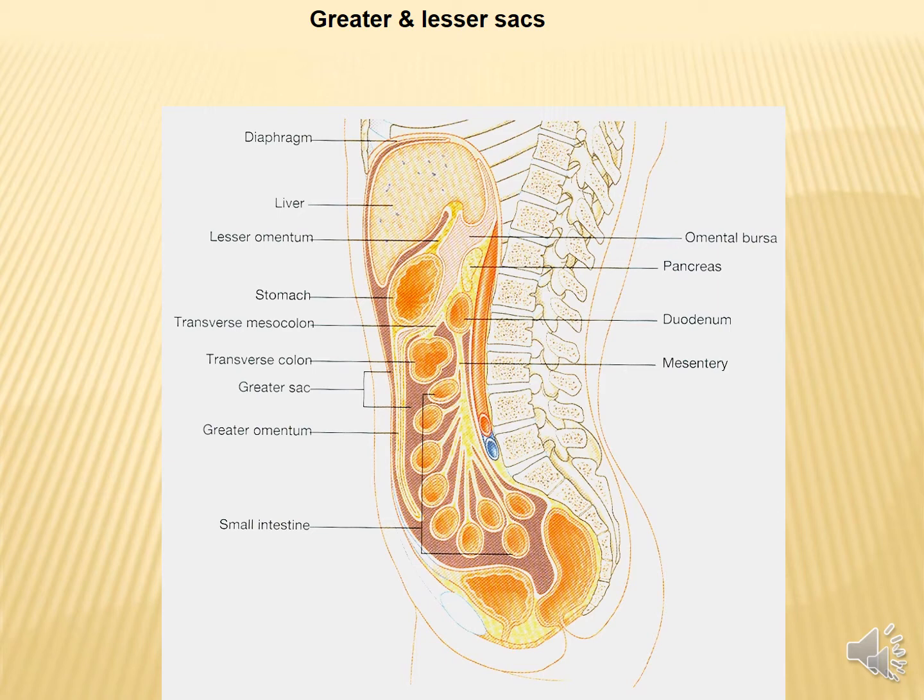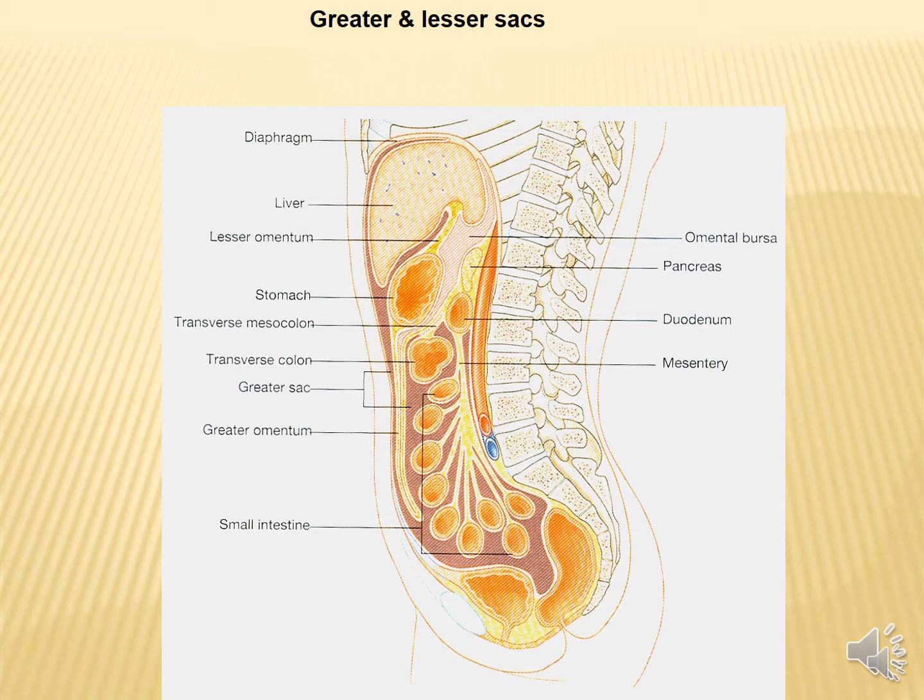Now, by the attachment of liver to the diaphragm and the anterior abdominal wall, through the reflection of peritoneum around the liver, certain spaces or subdivisions of the supracolic compartment occur, and they are known as subphrenic spaces.